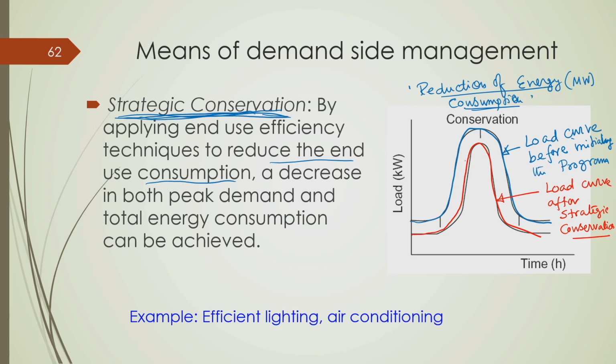Okay. So, this was your previous load curve, and this is the load curve you have saved. You can basically keep the shape of the load curve the same, but reduce the load demand at each and every time, not only during peak hour, but also in the off peak hour. So, this original load curve is shifted down by this much, and this will reduce a significant amount of energy.